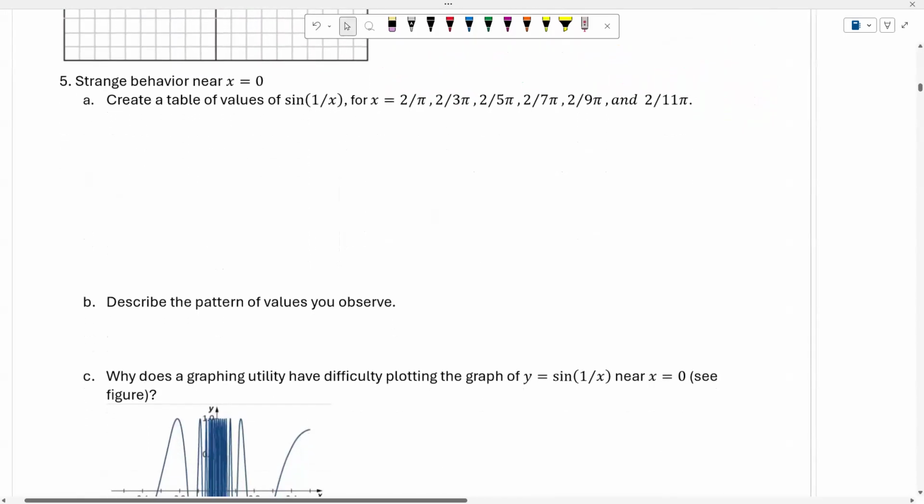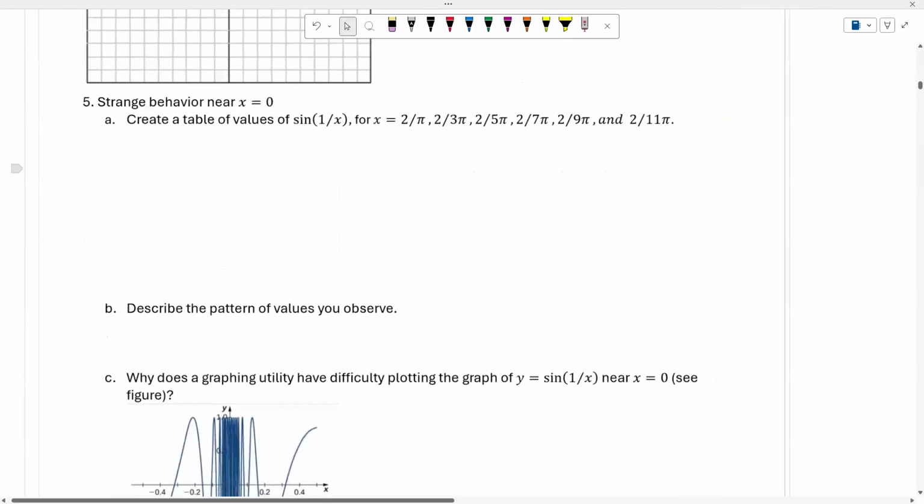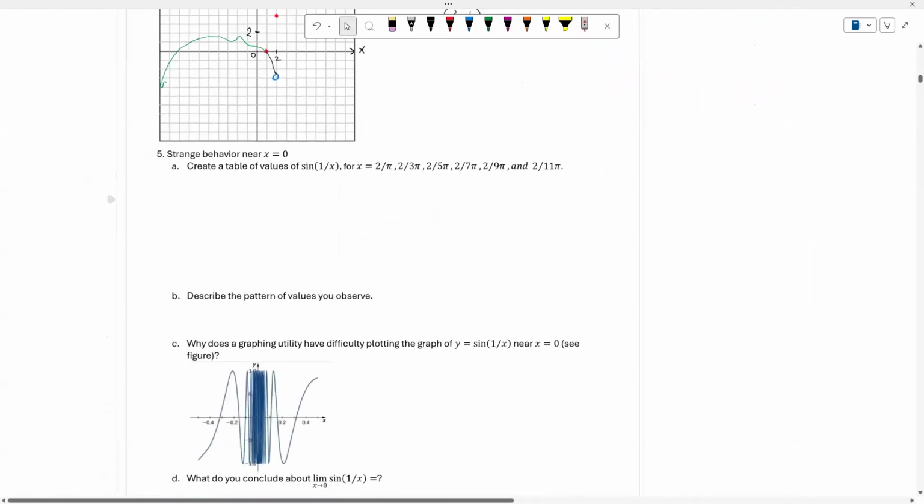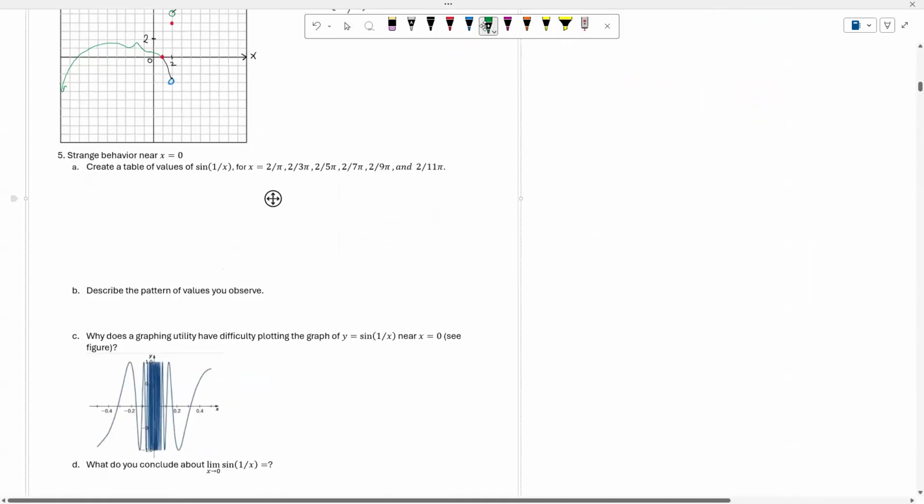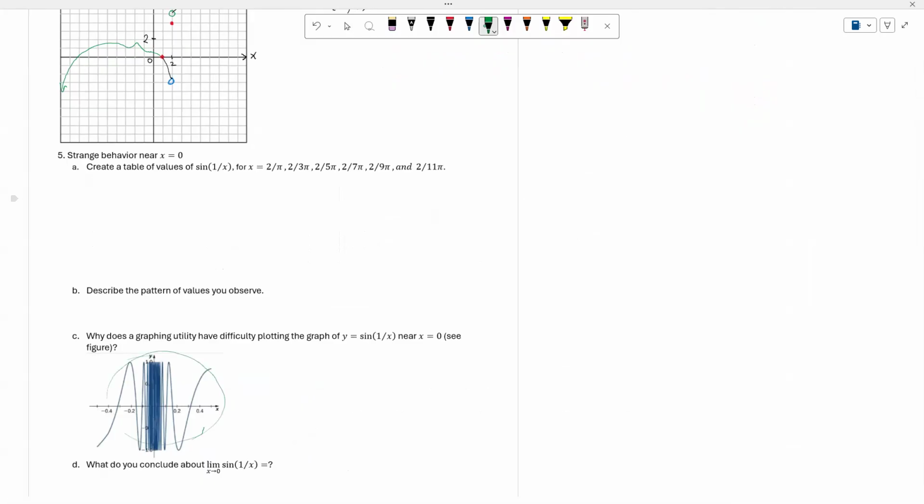Now let us look at our last example. This example is about the function sine of 1 over x. We would like to see what the limit of this function, sine of 1 over x, is as x approaches 0.